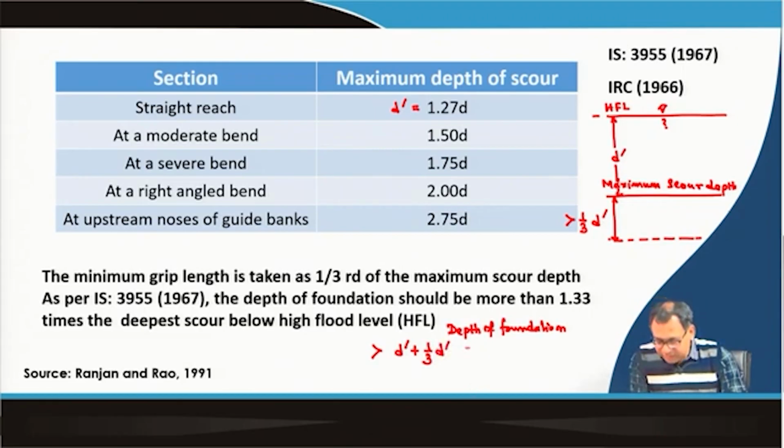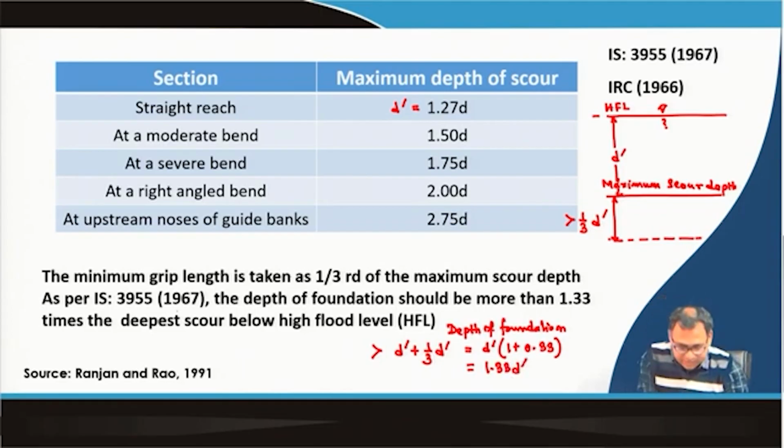That will be equal to d dash into 1 plus 0.33, which is 1.33 d dash. So that is the IS recommendation, that your depth of foundation should be greater than 1.33 of the maximum scour depth below the HFL, your high flood level.